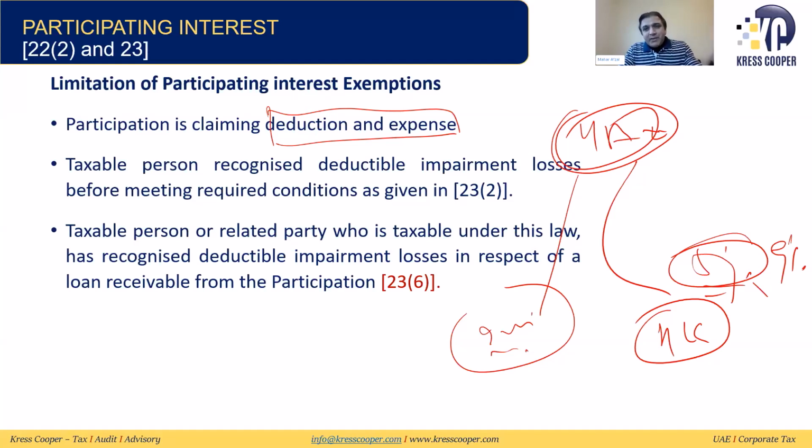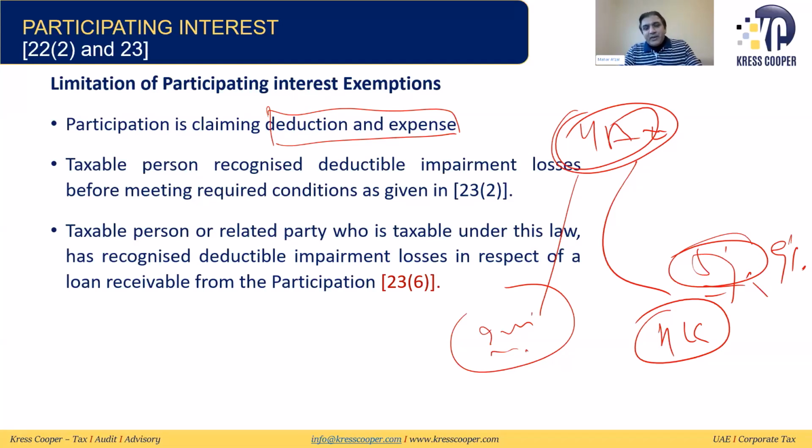So if the UAE company is claiming any exemption or any deduction, then this exemption will not be available. Then, if the taxable person recognizes deductible impairment losses before meeting the condition, the same thing that we discussed.